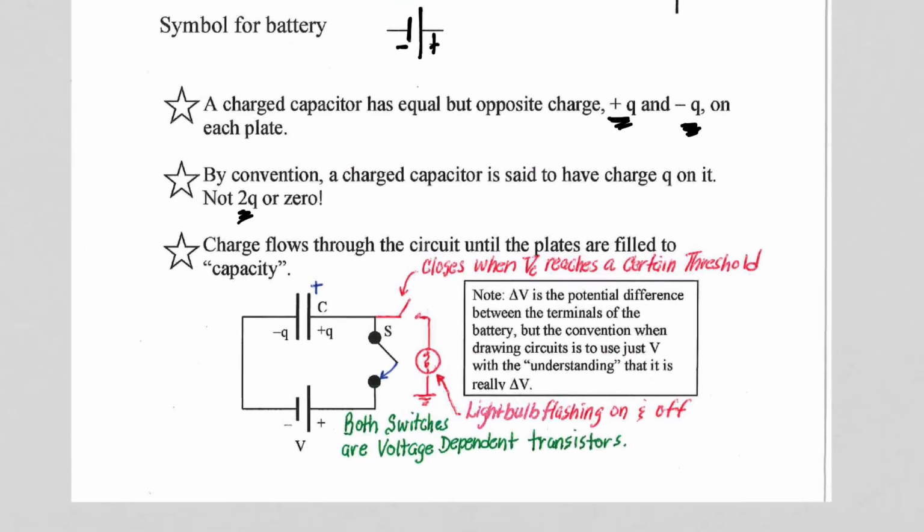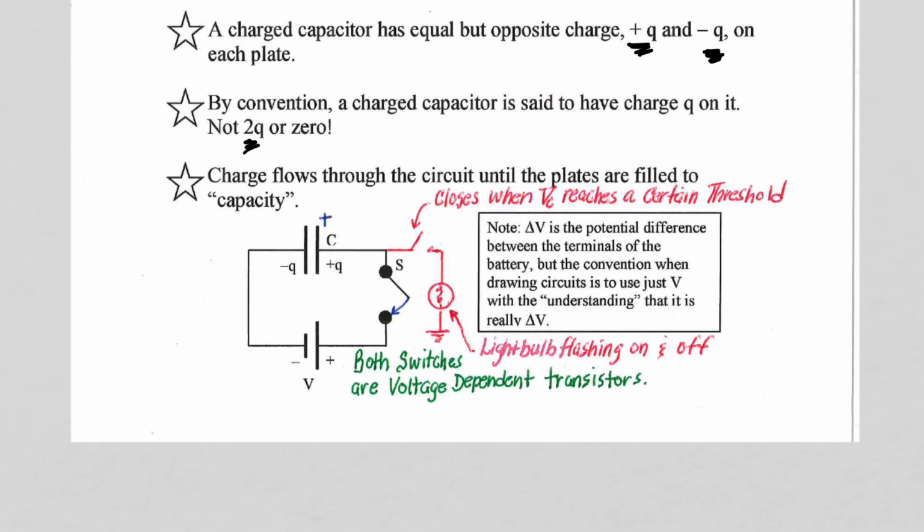And to give you a little insight into how capacitors are used, or one application for them, anytime you want to have a repetitive discharging of energy, you probably are going to want to look to employ a capacitor. So here we have our battery voltage and our capacitor in place.